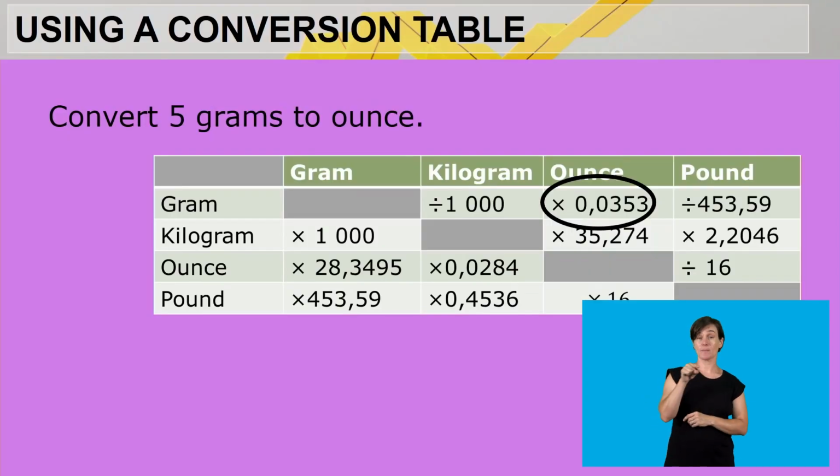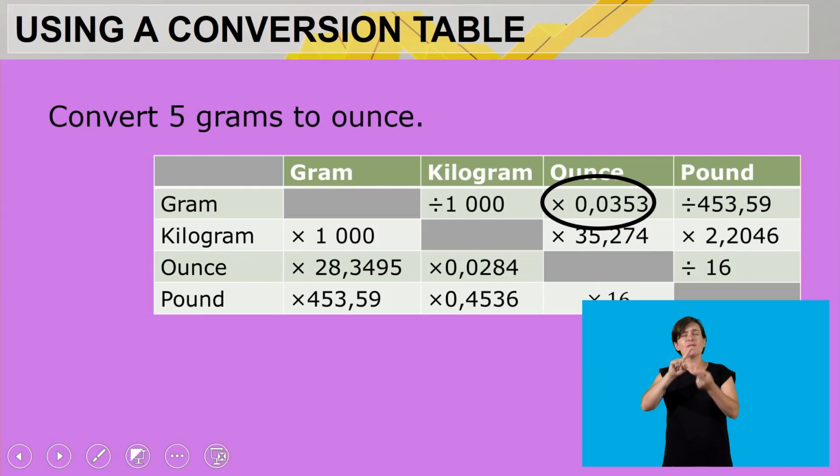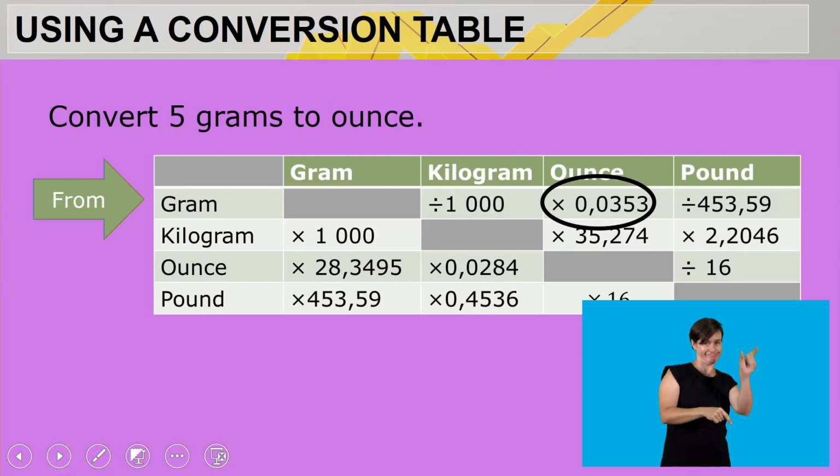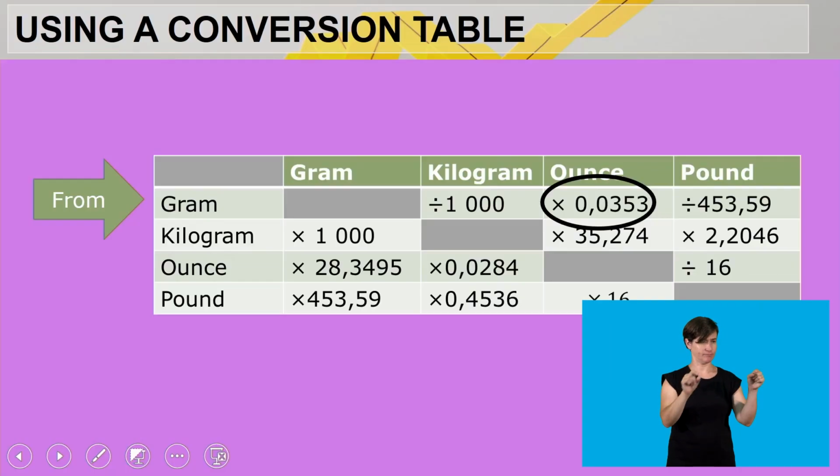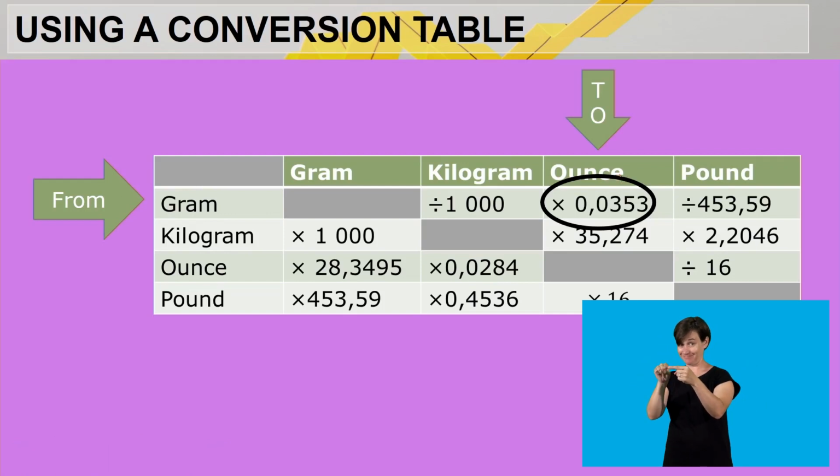Next one, convert 5 grams to ounce. Again, where are we starting? We are starting at the grams. Now, where do we want to go? We want to go to ounces. There, okay? And then where it crosses, it's going to be multiplied by 0.0353.